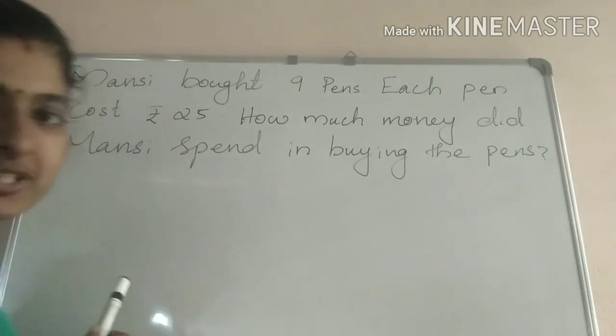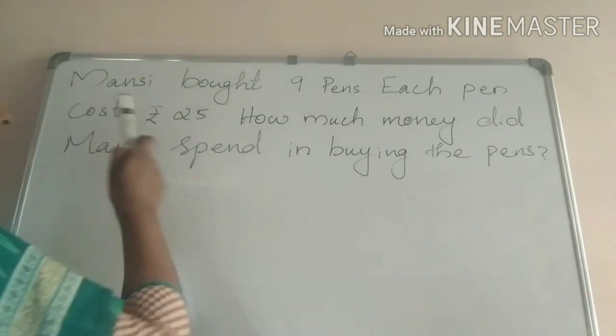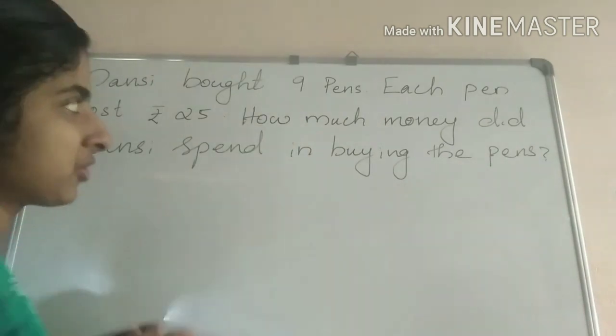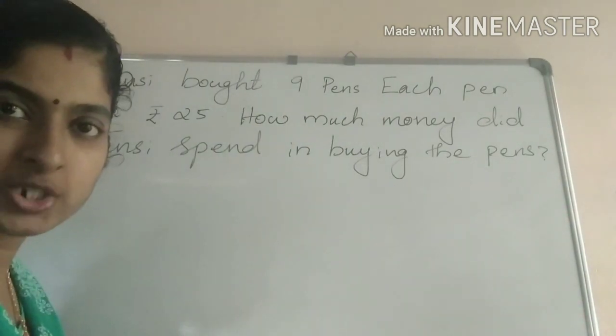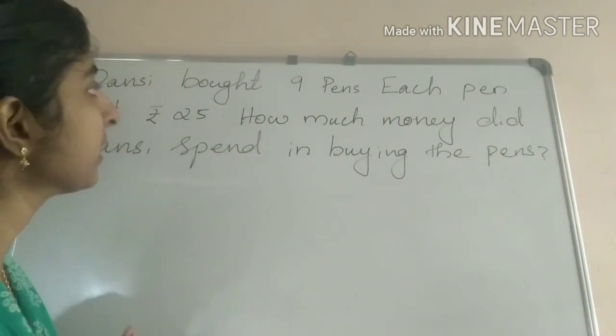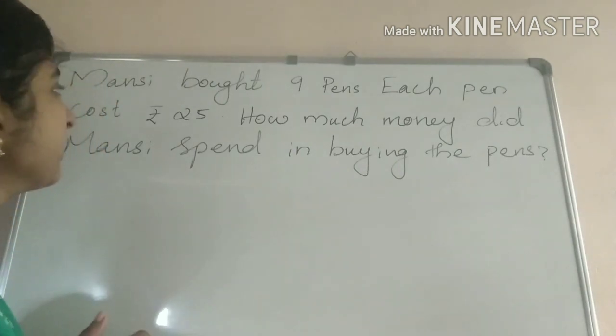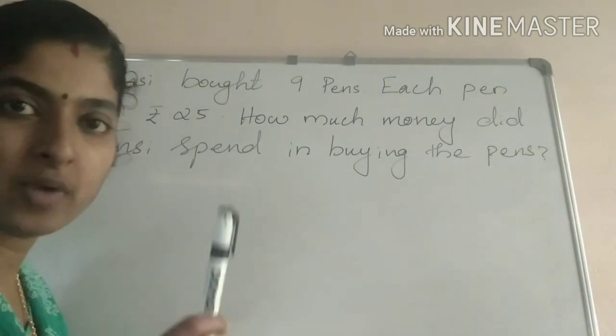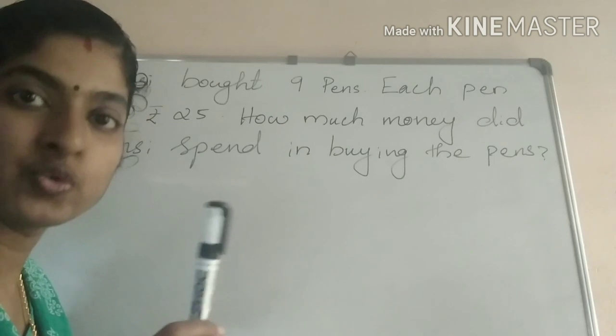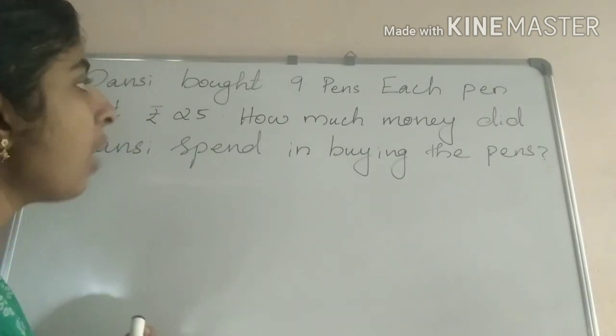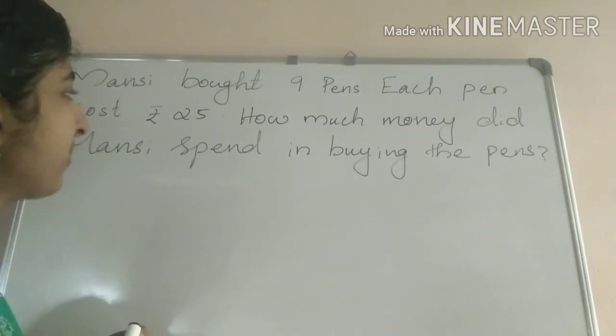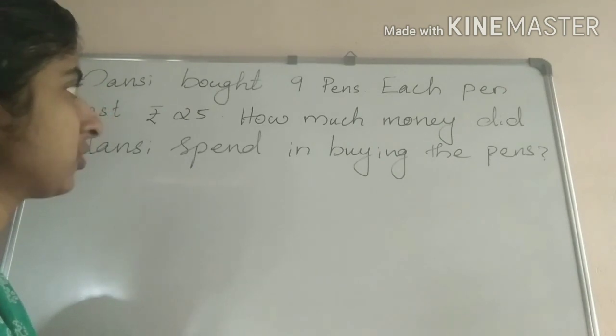What's the meaning of this question? See, Mansi bought 9 pens. How many pens did Mansi buy? 9 pens. Then each pen costs rupees 25. The cost of one pen is rupees 25. Then how much money did Mansi spend in buying the pens?